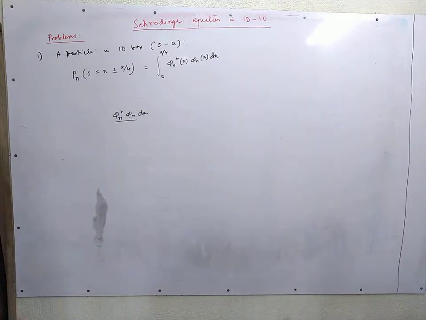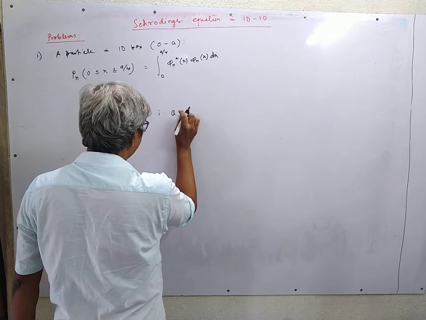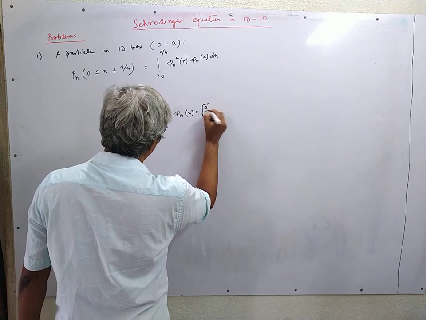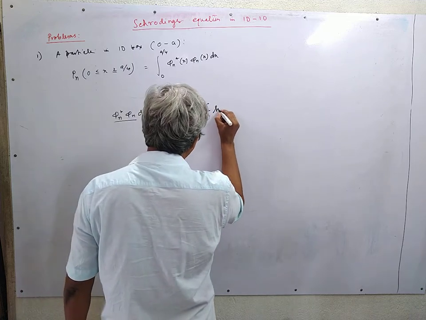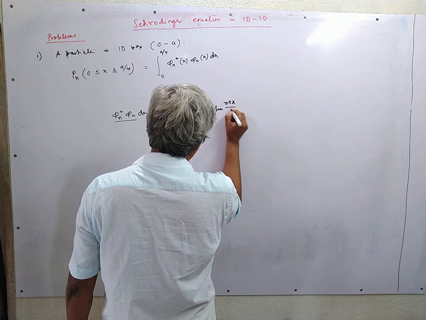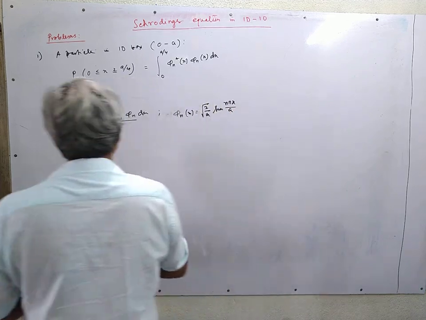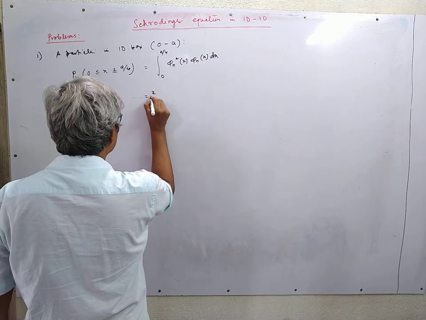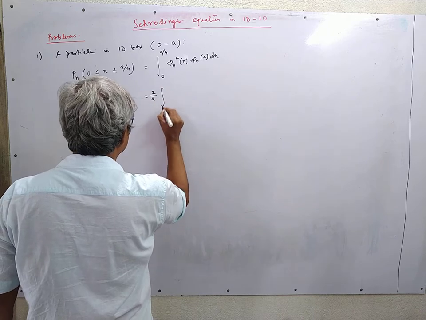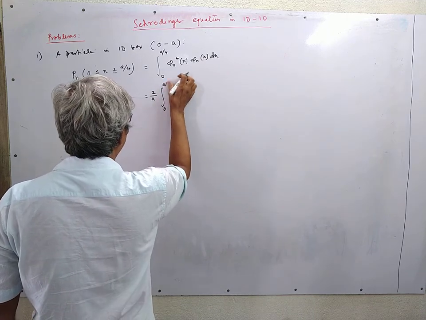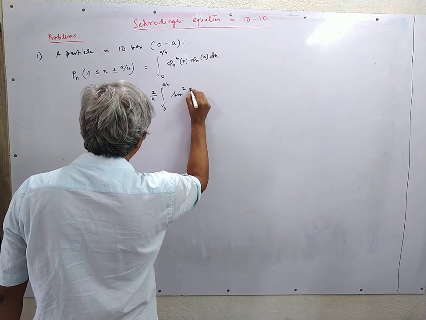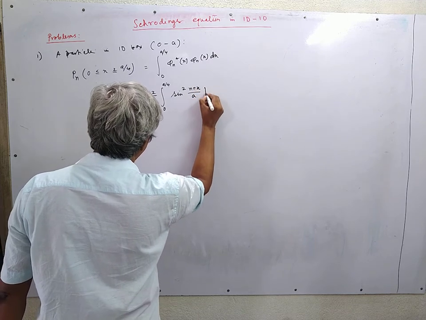For a particle in a box, the energy eigenvalues are this: phi n of x is equal to root 2 by A, the normalization factor, times sine of n pi x by A. So this factor becomes 2 by A, then integration from 0 to A by 4, and this is sine square n pi x by A dx.